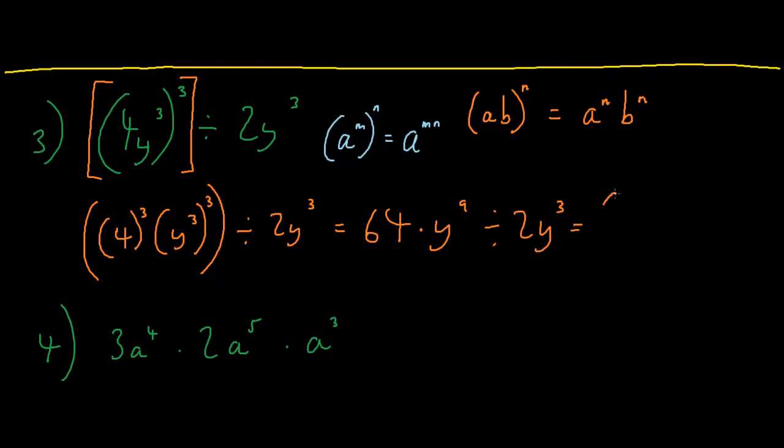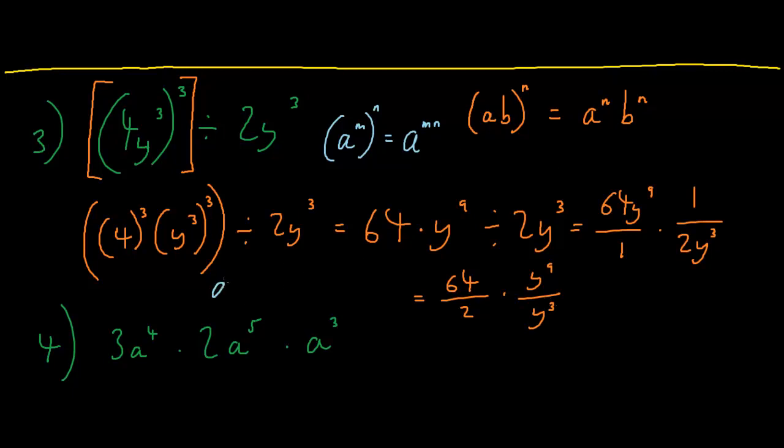So we get 64 multiplied by y to the power of 9 over 1 multiplied by 1 over 2 multiplied by y to the power of 3. And this will give us 64 over 2 multiplied by y to the power of 9 over y to the power of 3.